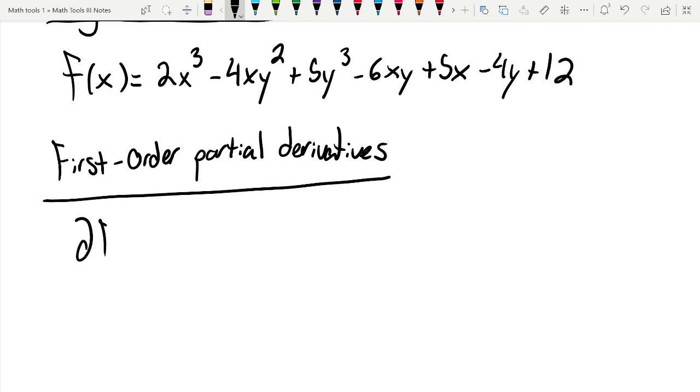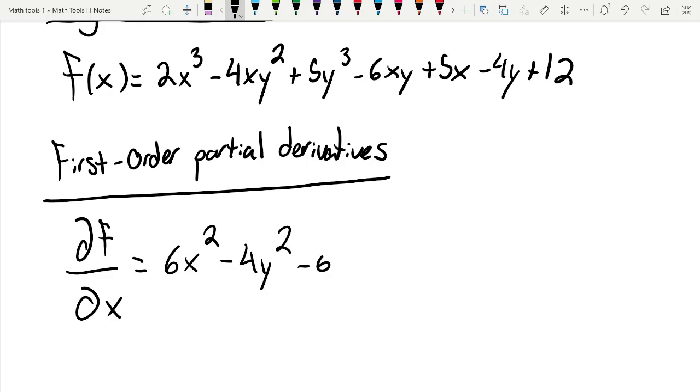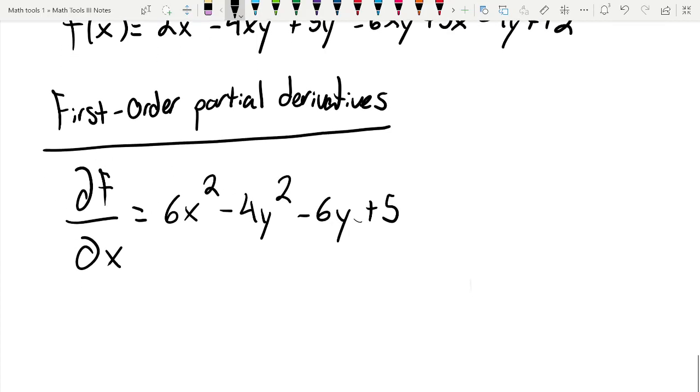We would do the partial of f with respect to x, which in this case would be 6x squared minus 4y squared, because the 4y squared is the constant part. The x is the variable. Plus 0 minus 6y plus 5, 0 and 0. Okay, so this would be our answer here.